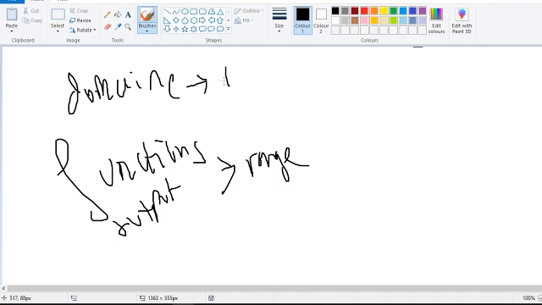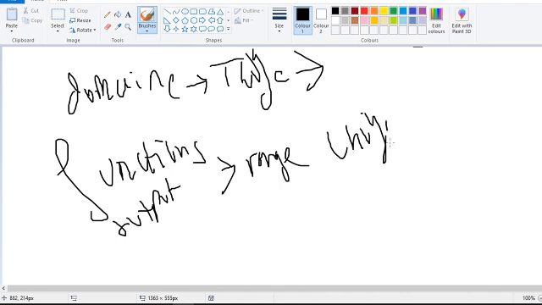Domain is the things that go in, whereas range is the things that come out. It can't be more simple than that. Domain is things that go into the function, and the range is the output of the function.